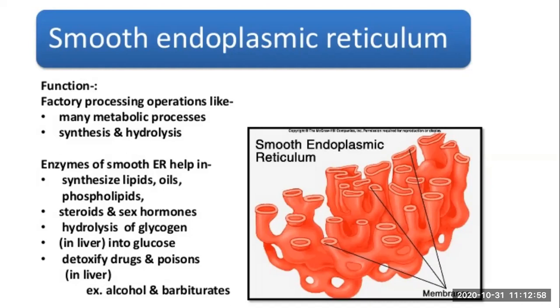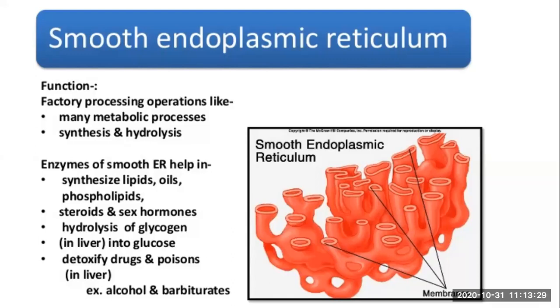Another function of this endoplasmic reticulum: you can see in the smooth endoplasmic reticulum also, that this is a tubular structure, and it helps synthesize the lipid, oil, and the phospholipid, that is non-protein molecules also. And it also helps with the steroid and the sex hormone, secreting the sex hormone and the steroid in many cells.